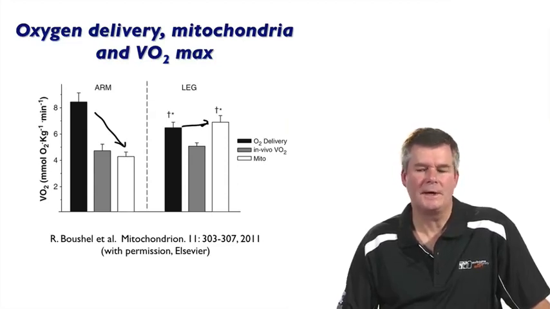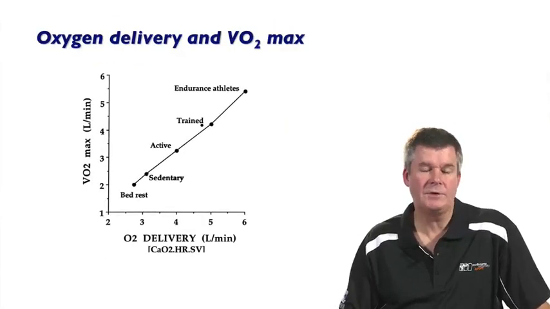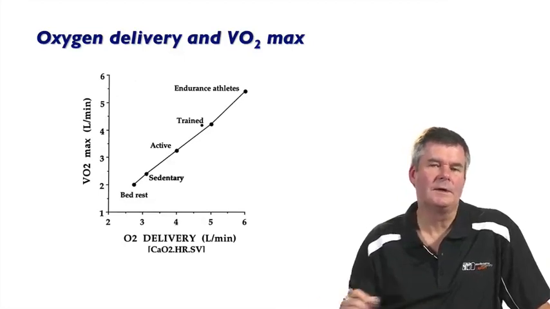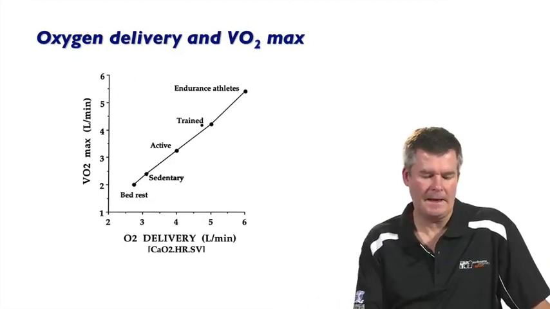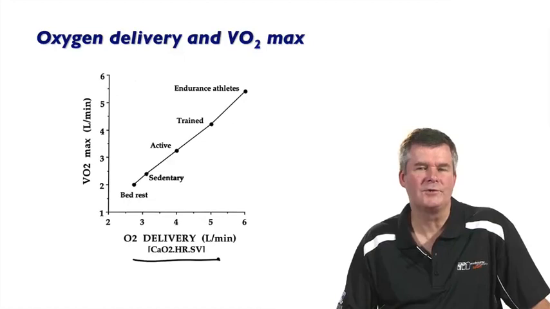maximal oxygen uptake. And here's the relationship between VO2 max and oxygen delivery, derived from the earlier slide that I showed you, redrawn with VO2 max now as the dependent variable and oxygen delivery. And we define oxygen delivery as the arterial oxygen content times the cardiac output. And we know that cardiac output is the product of heart rate and stroke volume.